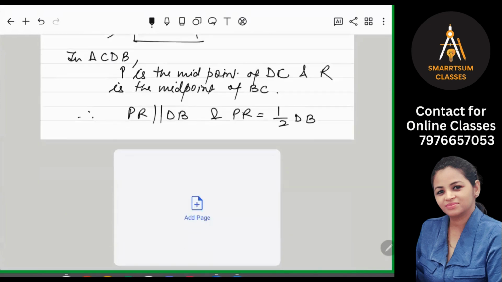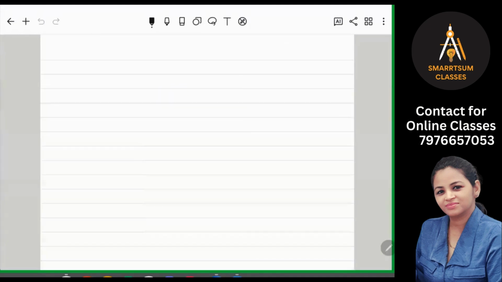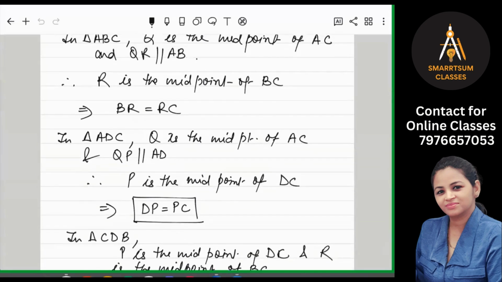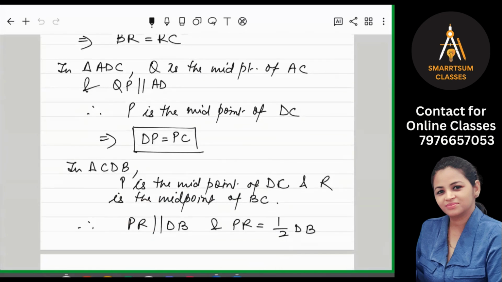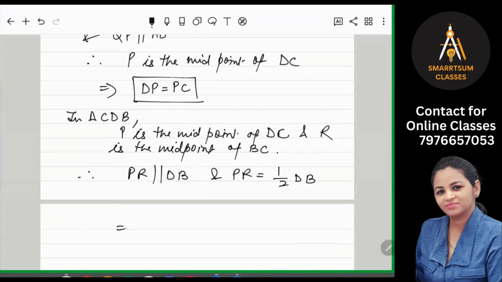And since DB and AC are equal, we can also say that PR is equal to half of AC, right? Why? Because AC is equal to DB. The diagonals of a rectangle are equal in length.